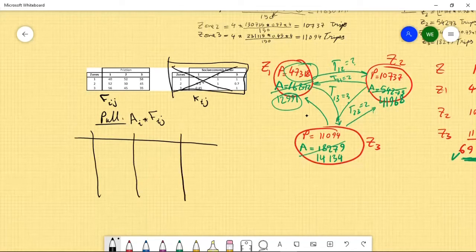And we have here zone 1, zone 2, zone 3.